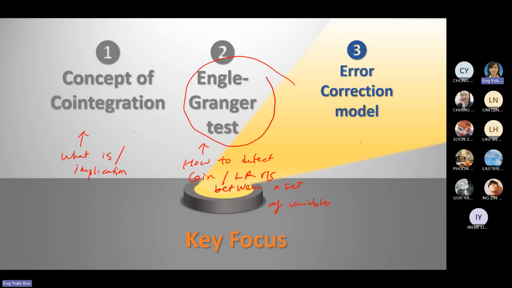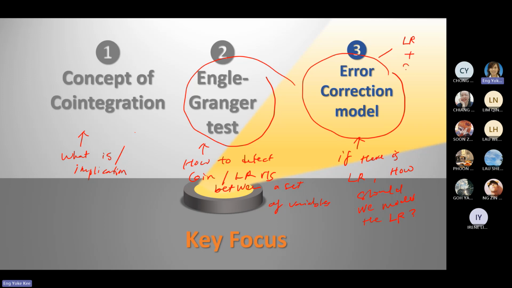Thirdly, if there is a long-run relationship, how should we model it? In particular, we look at a model called the error correction model. What is special about this model is that it is able to capture the long-run relationship plus the short-run relationship, these two together, in one single model.